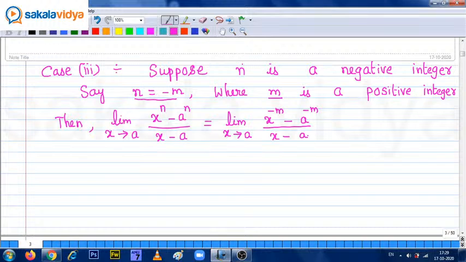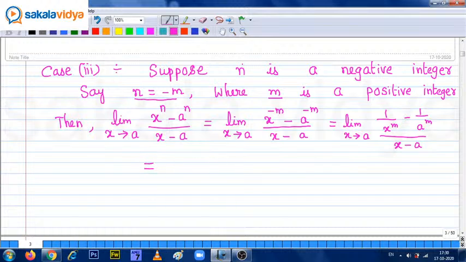Now we can write this as: x to the power of minus m is 1 upon x to the power of m, and a to the power of minus m is 1 upon a to the power of m, upon x minus a.